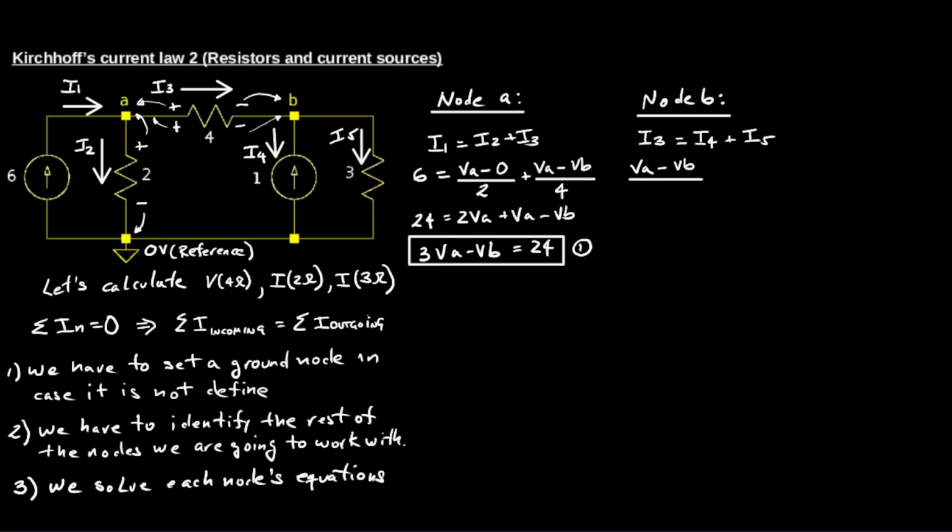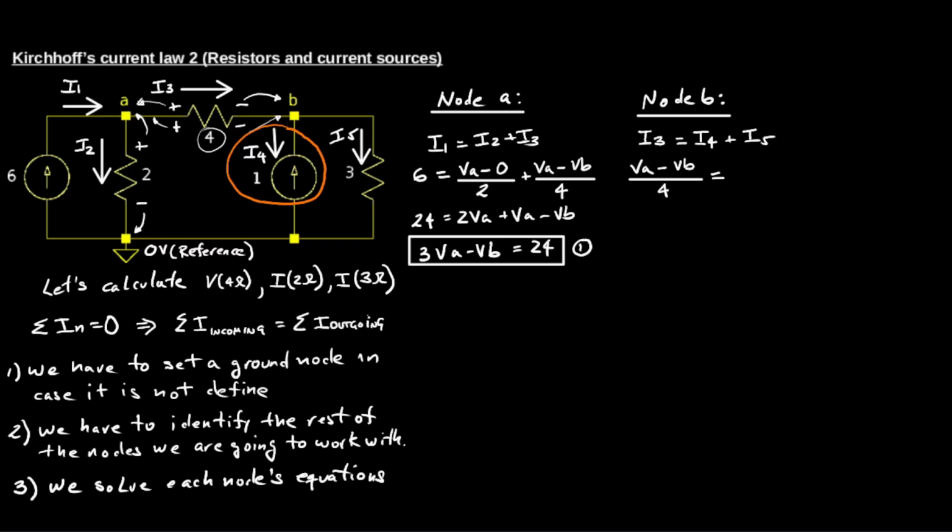This is an incoming current for node B. And I drew I4 going down on purpose, and I drew I5 going down as well. So according to Kirchhoff current law, the addition of the incoming currents, I3 equals I4 plus I5.